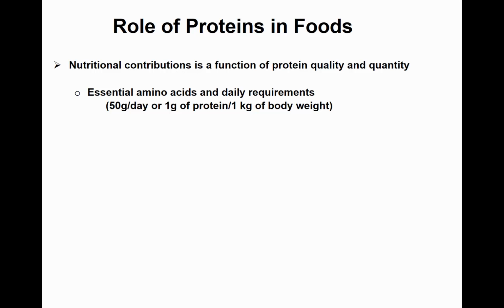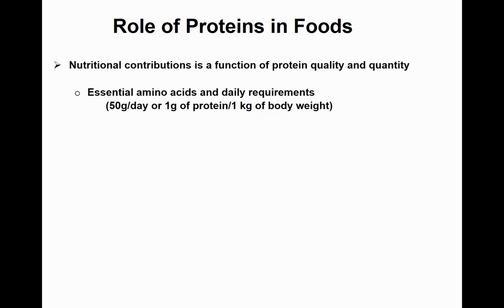Most of you know essential amino acids are amino acids that our body cannot produce. And there are 8 of those, and sometimes it's 9, depending if you consider histidine as an essential amino acid, depending on the age group. So you have essential amino acids, and if you have all of them in adequate amount, then it becomes what we call a complete protein.